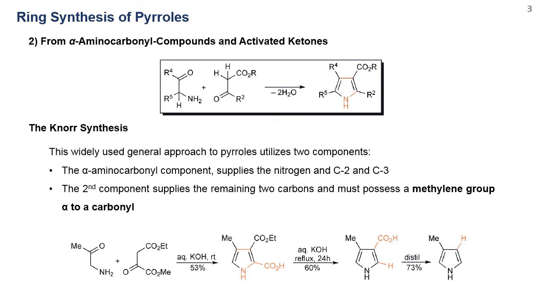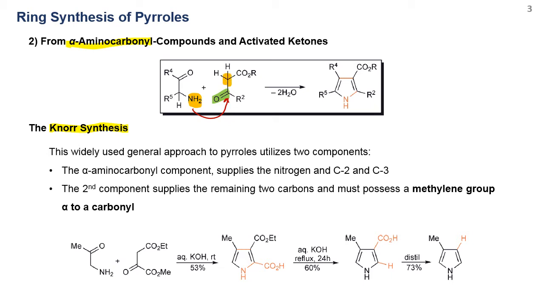Another way to synthesize Pyrrole is by using the Knorr synthesis, which has two components. The first one is the alpha amino carbonyl group, which provides the source of nitrogen in the form of the amino group, which is nucleophilic. And this will react with another molecule of ketone, and eventually you are going to form the enamine at this position.